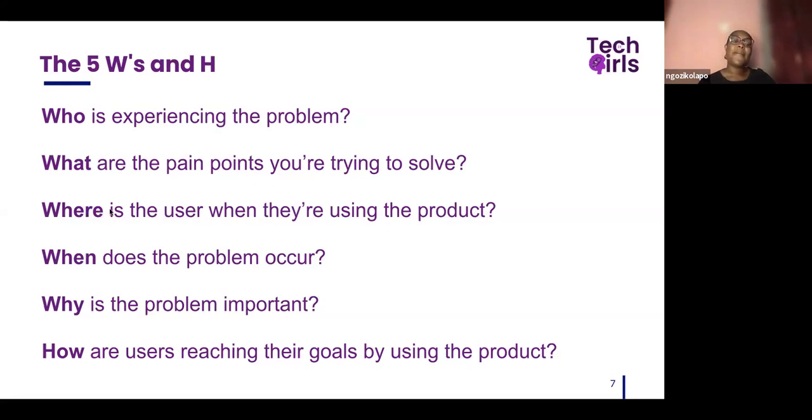Then where is the user when they are using the product? So when you are trying to build a product, you try to think, where is this user when they're trying to use the product? Market women, they're in their shade, they're in their markets, they are selling, but they don't want to be giving money to the local collectors because maybe there have been stories of where the woman got robbed and all their money was swept away, or stories of where the woman ran away with their money.